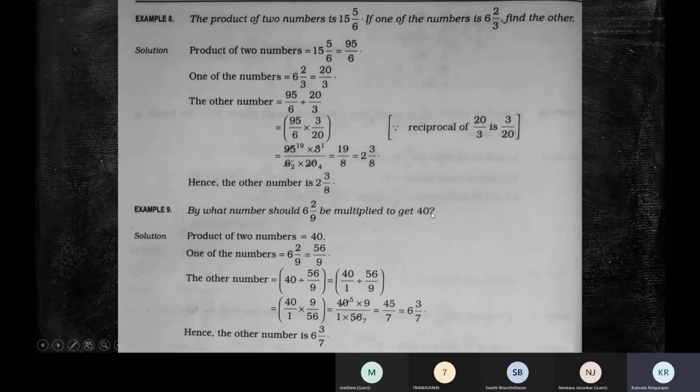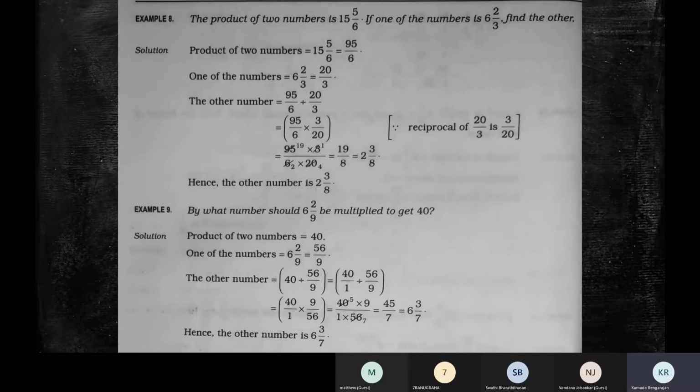So 40 is the product. One of the numbers is 62/9. So what will be the other number? This product 40 divided by this number 62/9, which is 56/9. And then the procedure you know. So the other number is 45/7 or 63/7.